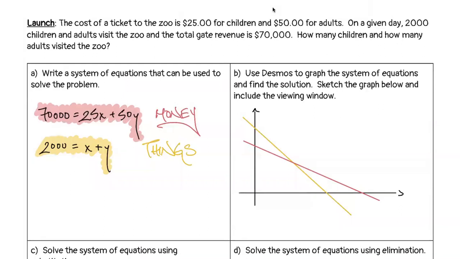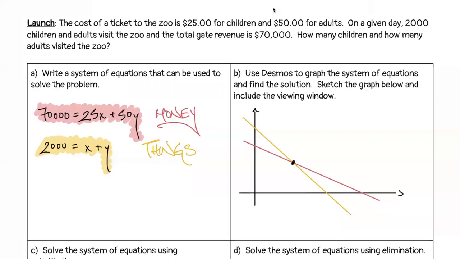So the question said, use Desmos to graph the system of equations and find the solution. Where is the solution on this graph? The XY intercept. No, like where the lines intercept each other. Yeah, exactly. That intersection point.